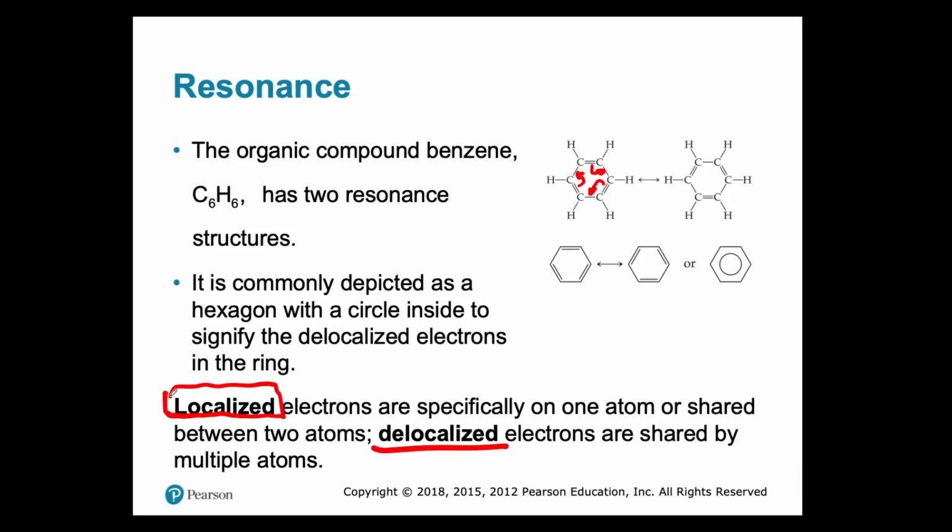Because those are actually p orbitals. We'll talk more about that in a minute, okay? And then the bonds between the hydrogen and the carbon are known as sigma bonds. That's where your localized electrons are, because you're not going to see those bonds going anywhere from the hydrogen, okay? That makes sense?